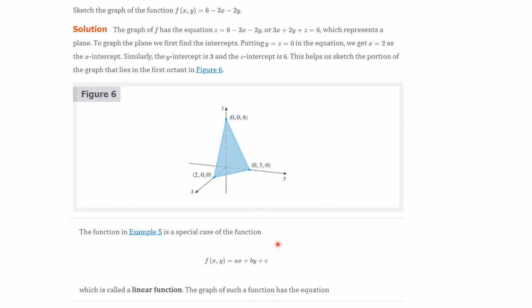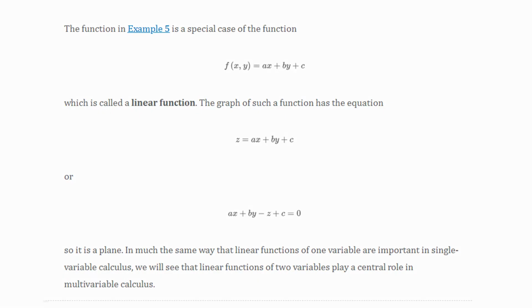Now this is a special case of the function z equals f of (x, y) equals ax plus by plus c, and that's called a linear function. And the graph of such a function has the equation z equals ax plus by plus c, or ax plus by minus z plus c equals 0.